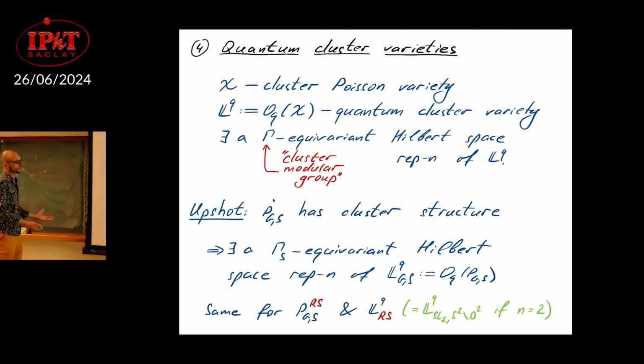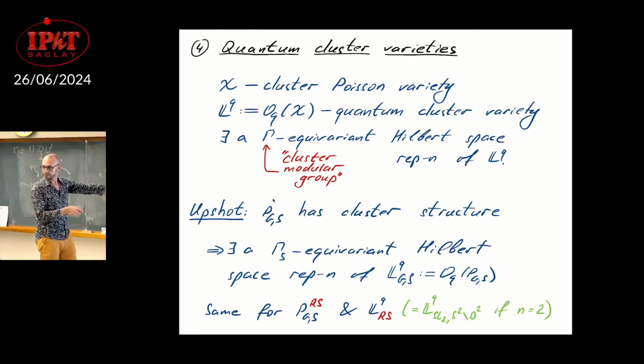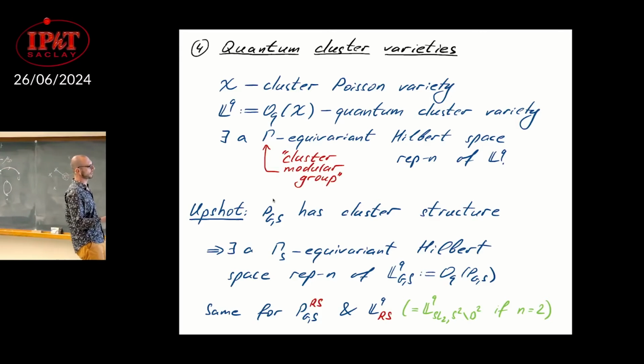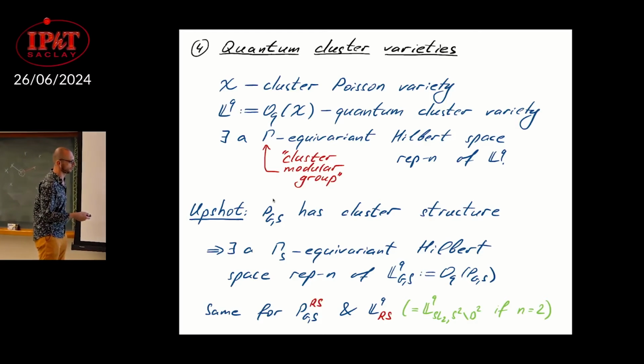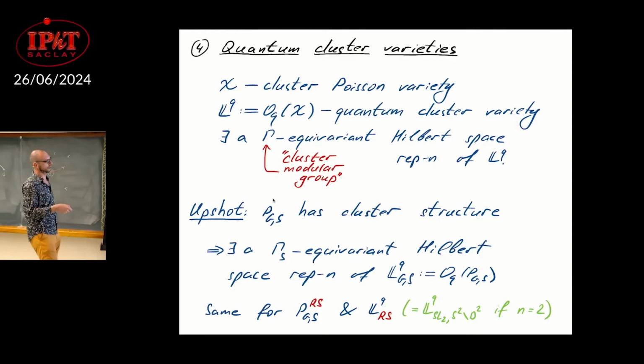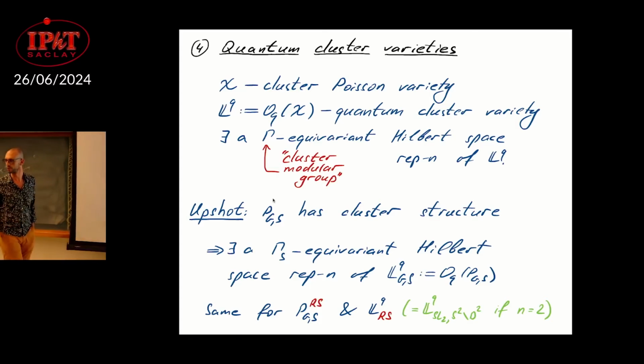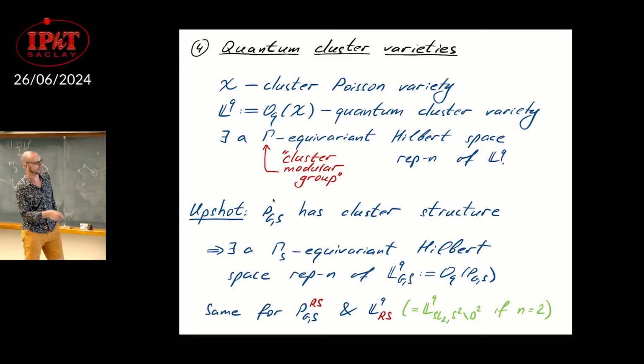And the upshot, of course, is that this character variety that is related to DAHA will actually be a cluster variety, and therefore we will get this cluster modular group equivariant Hilbert space representation. And this is done in works of Fock and Goncharov, and for SL2, of course, you can just read their works and get this package that we needed.